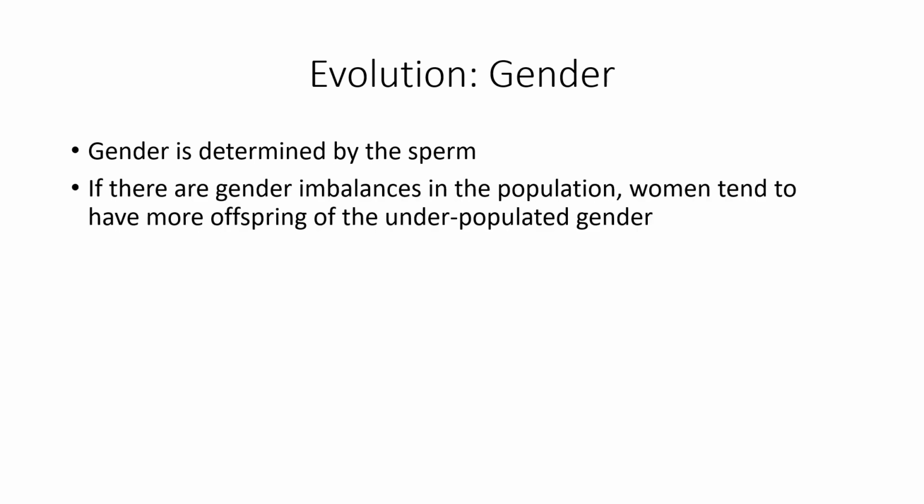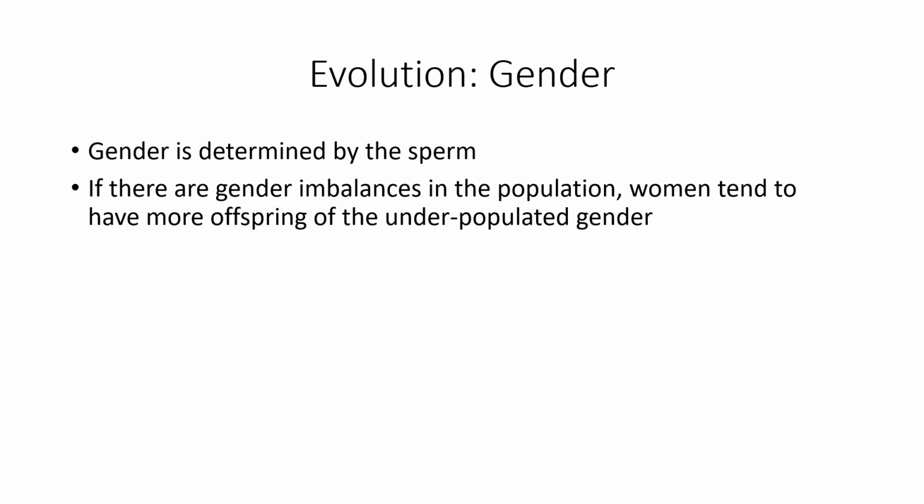When we're talking about evolution though, we're not talking about necessarily the gender, but we'll talk about what happens if there's a gender imbalance in the population. Let's say something like war causes many of the males to die out, or something else relating to that, whether it's males or females that there's a deficit of.